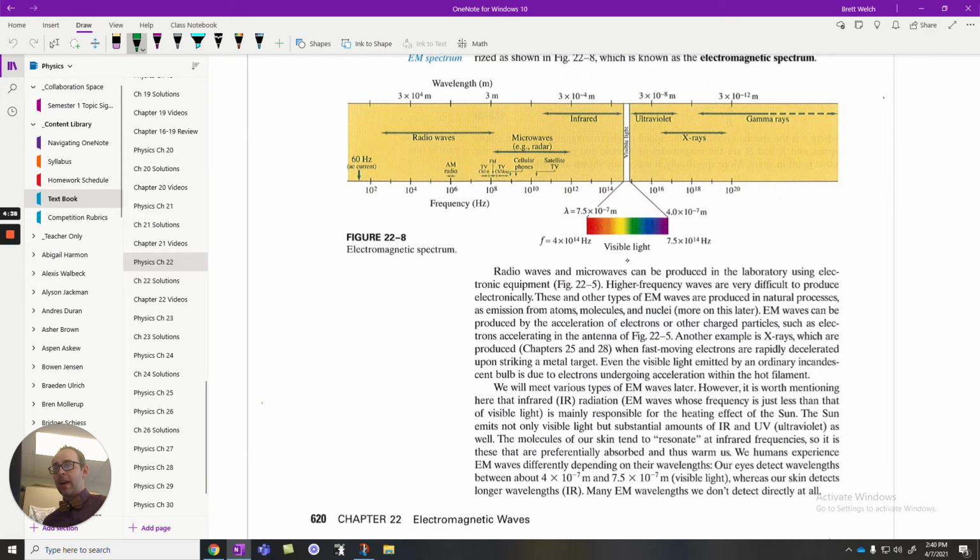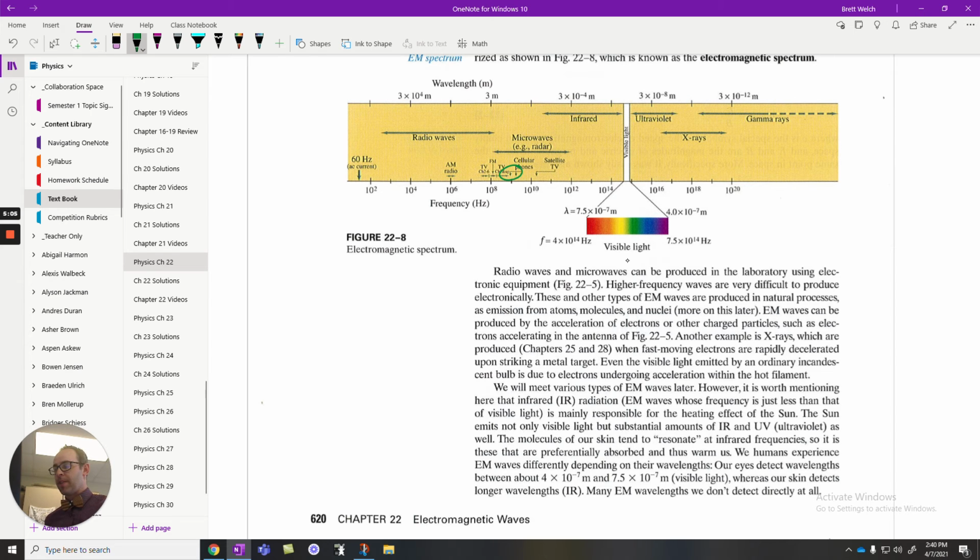Over here we have gamma rays and that dangerous radiation, and ultraviolet radiation, which can give us skin cancer if we stay out in the sun too much. That's why we wear sunscreen. You've got your infrared, microwaves, things like radar, our cell phone signals right down here. These give us frequencies on this side of the table, and up here are the wavelengths.